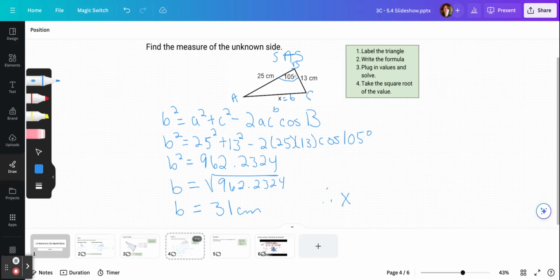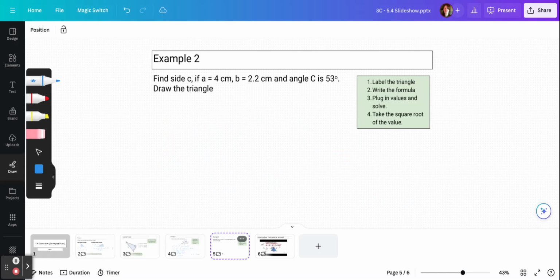So therefore, x, which equals b, is 31 centimeters. This law of trigonometry very much depends on you using your calculator properly. If you haven't tried it, make sure you try to use your calculator to get these correct answers. All right, let's do another example.